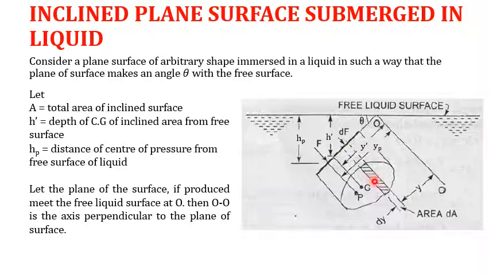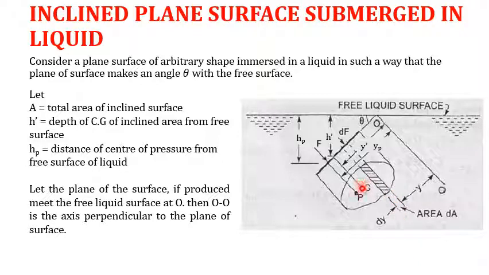Let's consider a small strip of thickness dy. We have basically introduced another reference, which is OO, normal to this theta axis, so this angle is 90 degrees. The distance of this strip from this OO axis is y, and its thickness is dy.